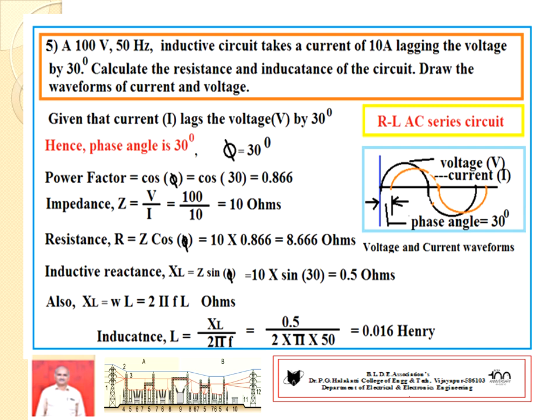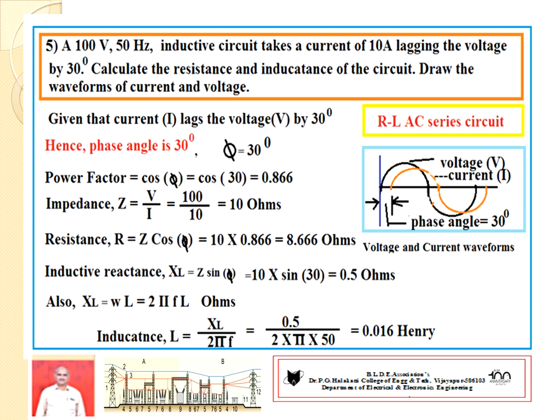I know the impedance, I know the power factor, then it is possible to calculate the resistance of the circuit. R equal to Z cos phi, 8.66 ohms. Then XL is also possible, Z sin phi, or you can calculate as usual.